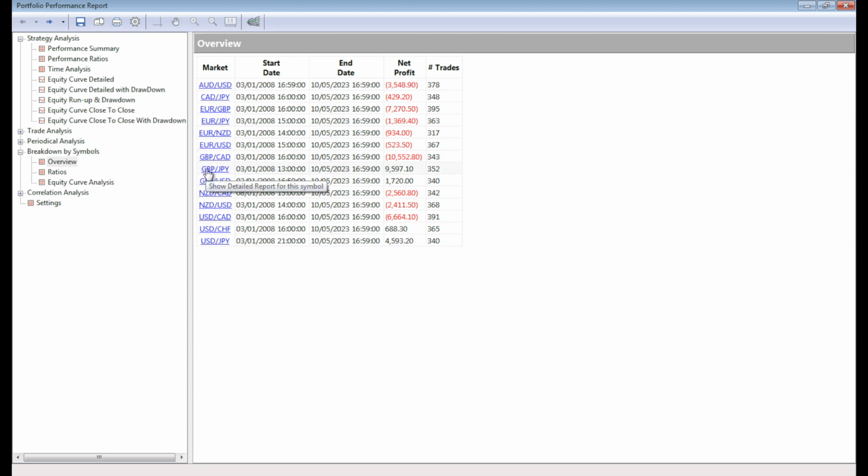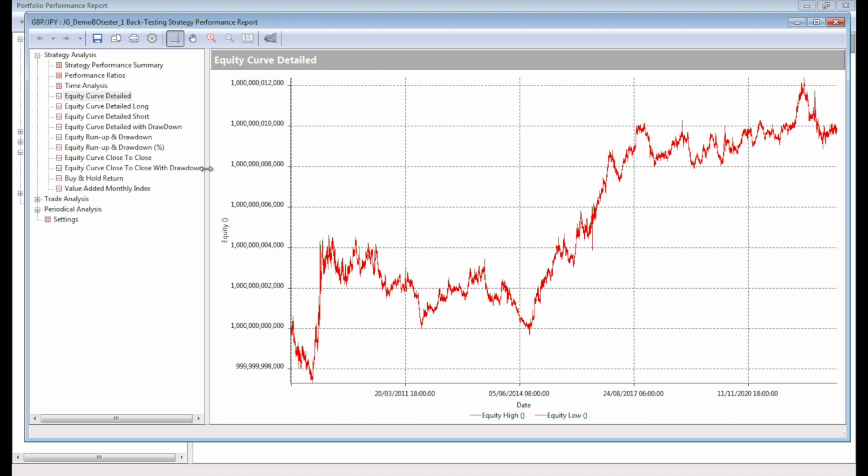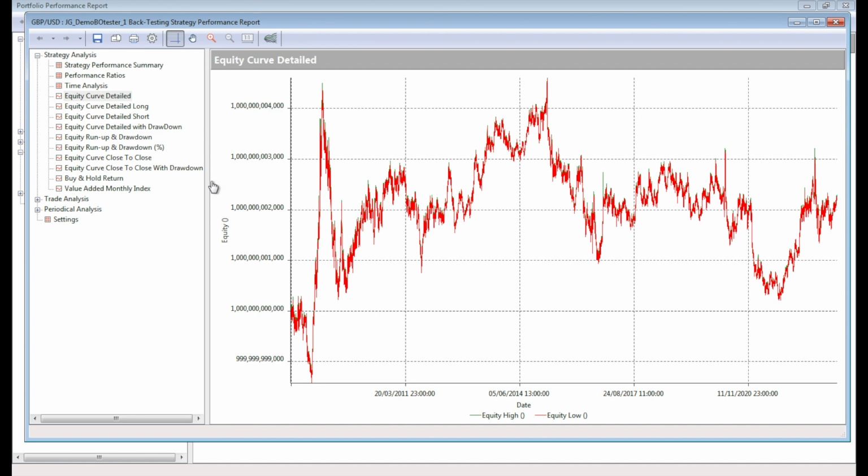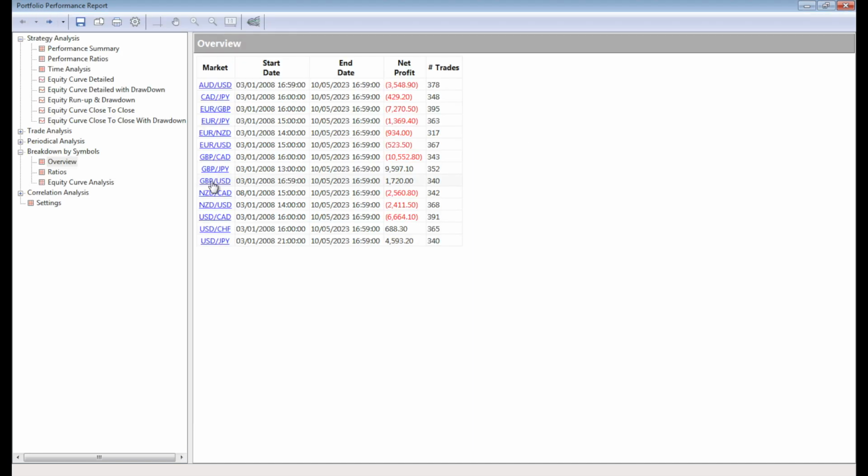Pound yen is actually making money, it's making the most money. And it's not a great equity curve, but it's definitely moving in the right direction. Pound US dollar is making money, but the equity curve isn't very good.